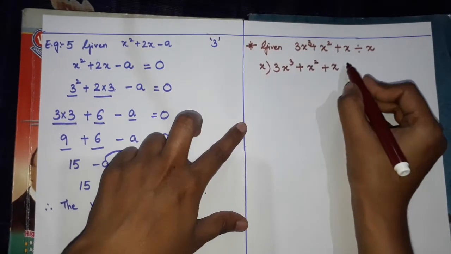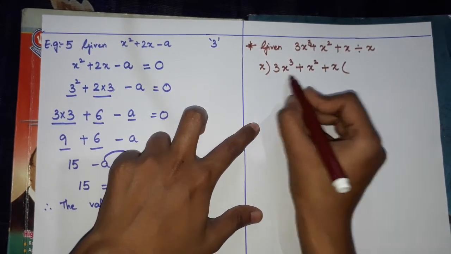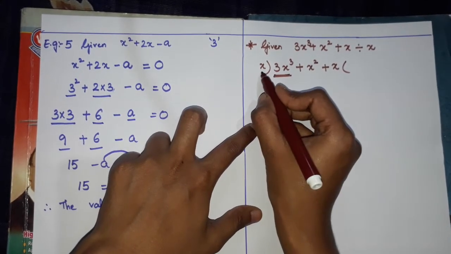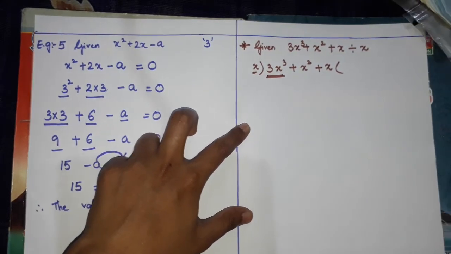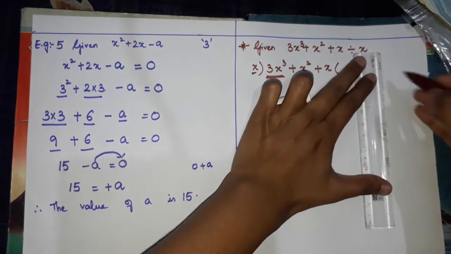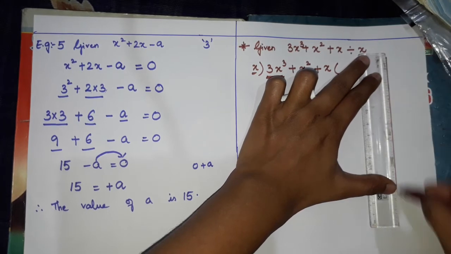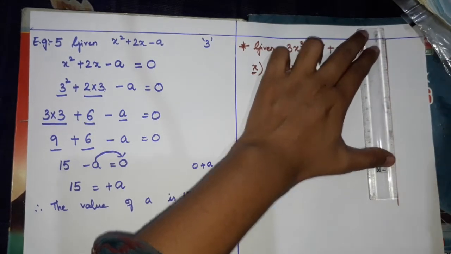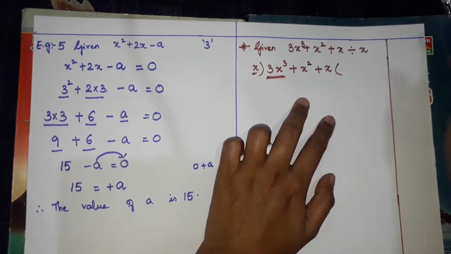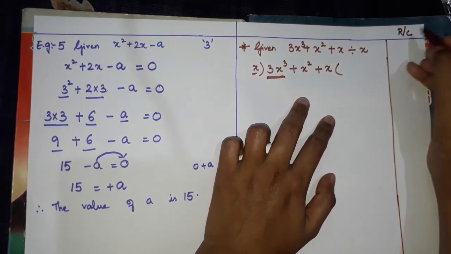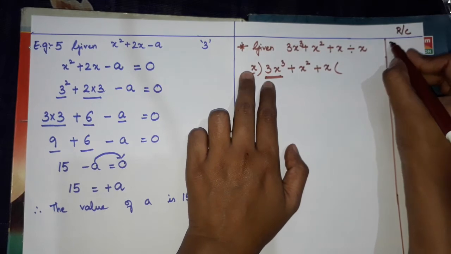First, see here children, we have to do division. First term divided by this term, children. So I'll draw a line first. I can do the rough column here. Meanwhile, you'll understand as well. Rough column. Now first term divided by first term.